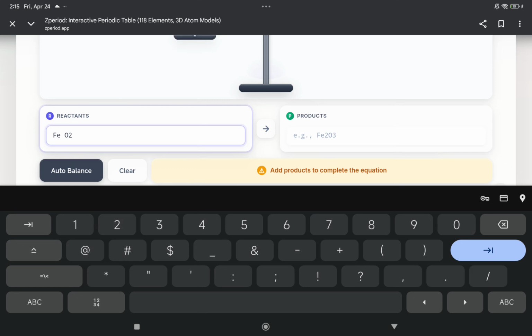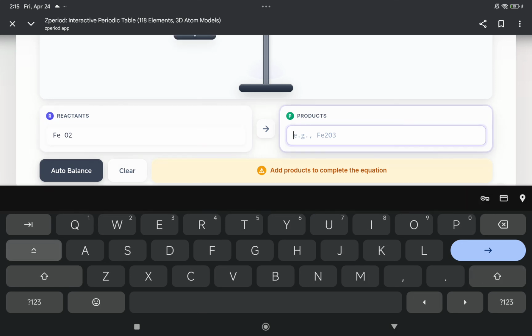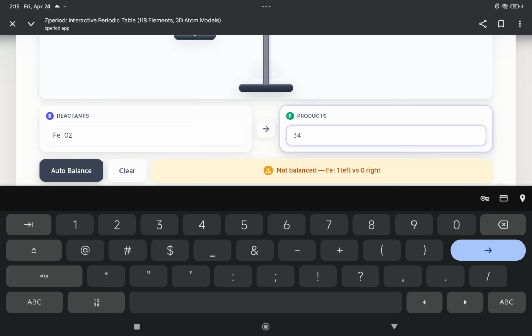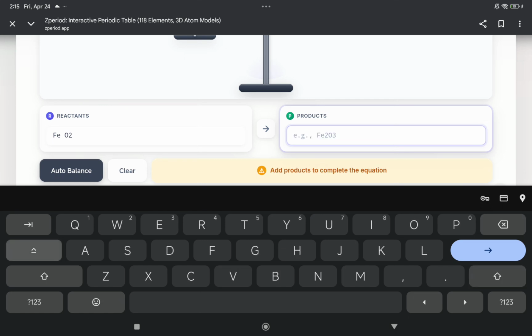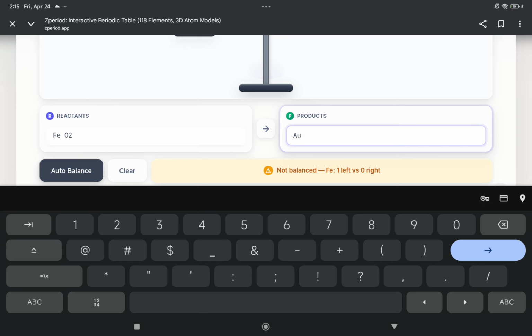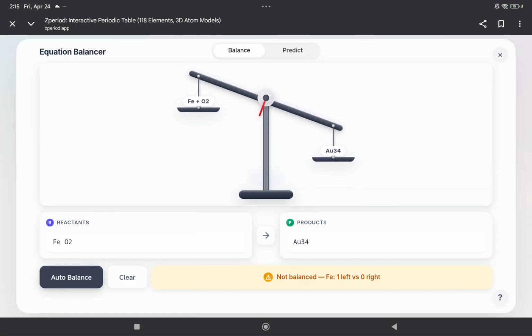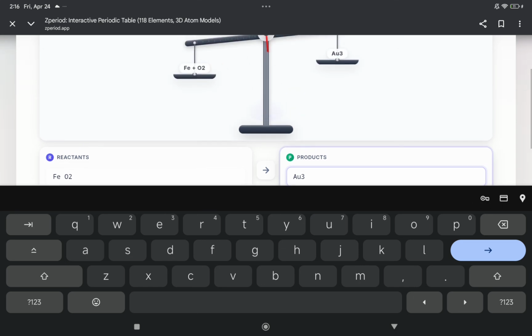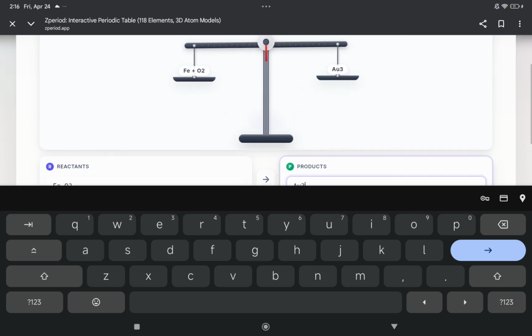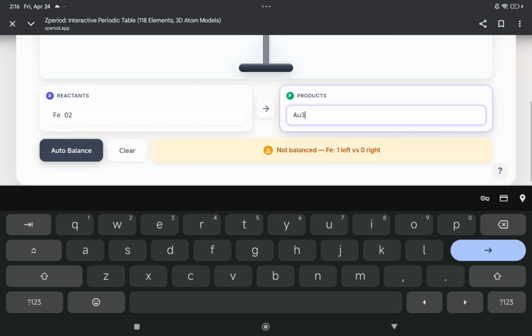So we have O2. So we need Fe3O4. So we need to balance it. Okay, now it's the same. Now it's done.